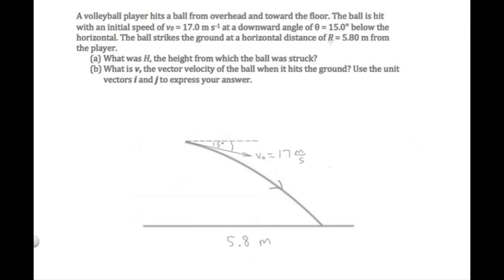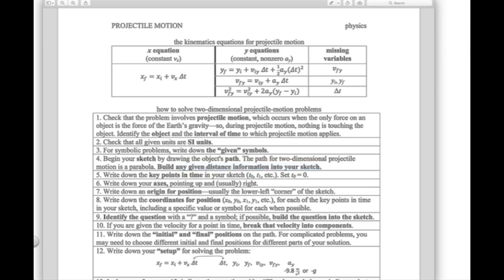This symbol here doesn't make much difference, but we can also include that. Is this a good way to build this into the sketch? Well, no, because I didn't say where this distance begins and ends. Here's a good way to build it into the sketch, showing where the distance begins and ends. Okay, so we've built that given distance information into our sketch.